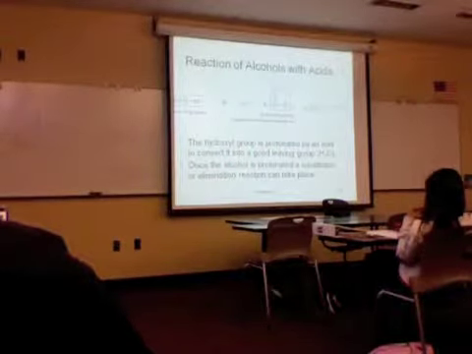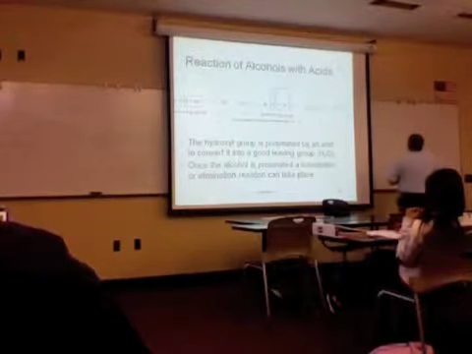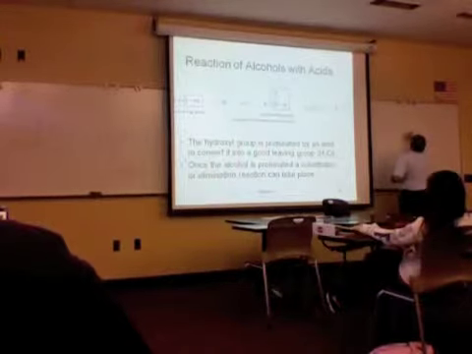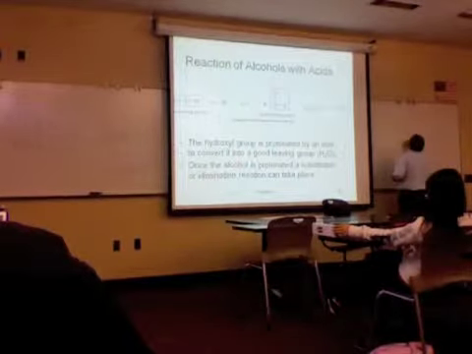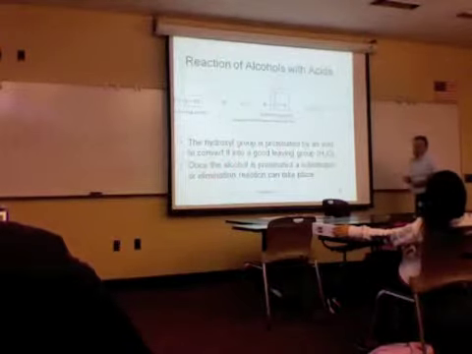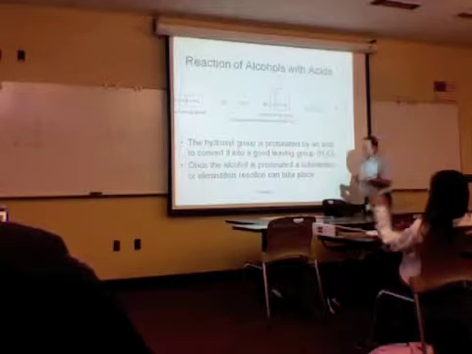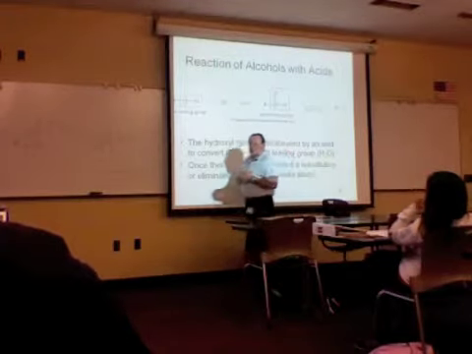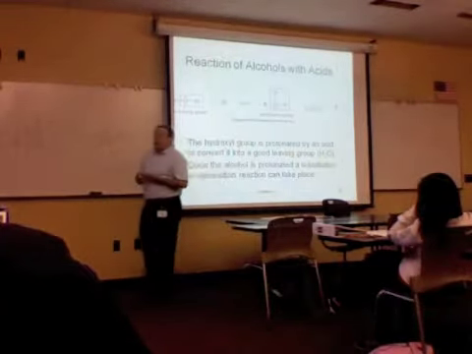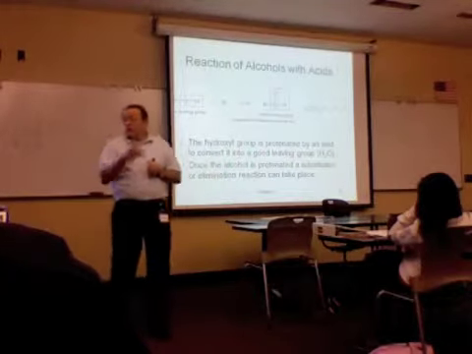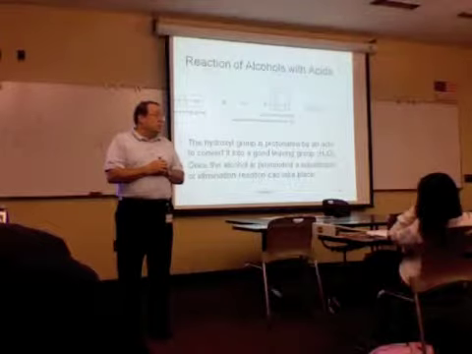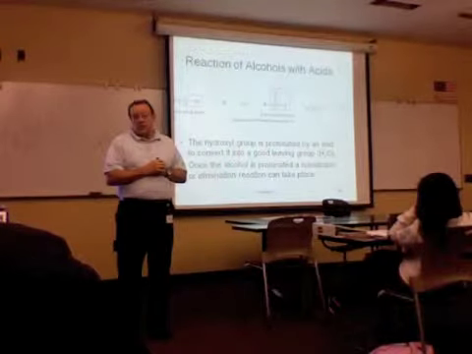This will be particularly good for HBr, somewhat good for HCl, and somewhat good for HI. In other words, if I want a bromide, chloride, or iodide from an alcohol, one way to do it is just simply dissolve that alcohol in HBr, HI, or HCl.